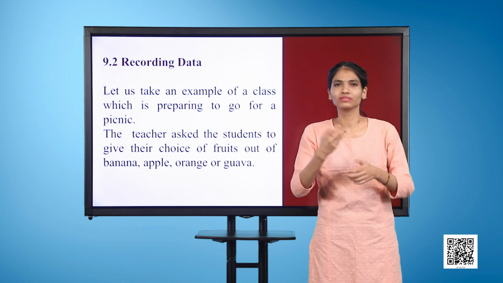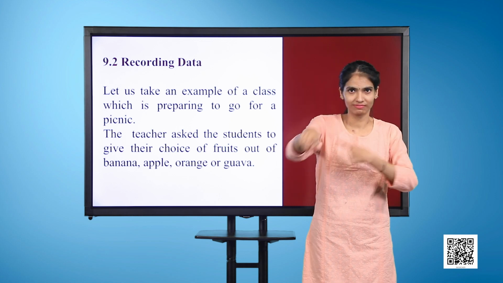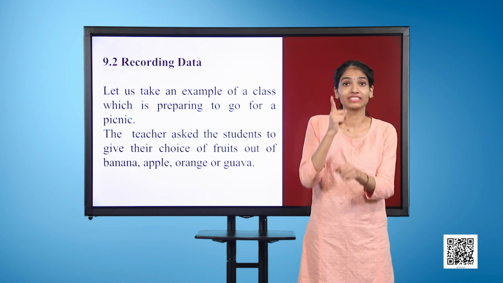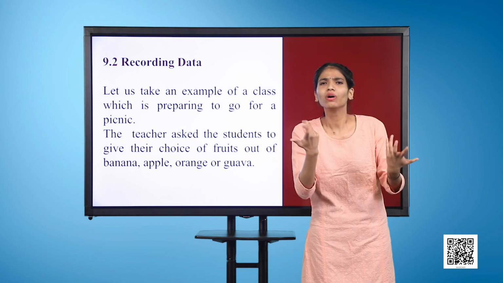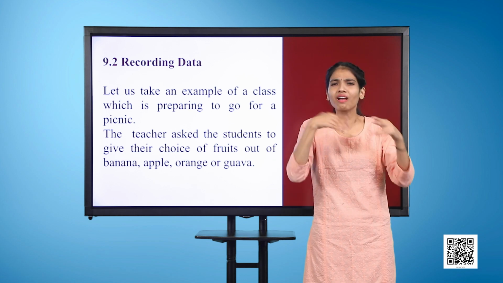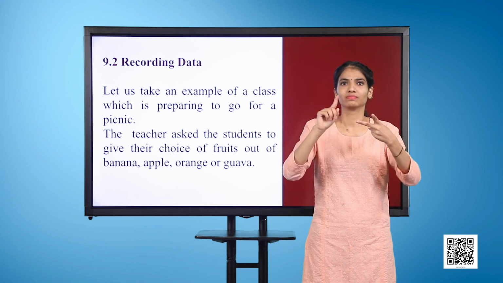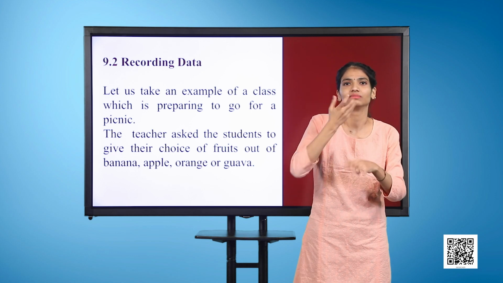9.2 Recording data. Let us take an example of a class which is preparing to go for a picnic. The teacher asked the students to give their choice of fruits out of banana, apple, orange, or guava.